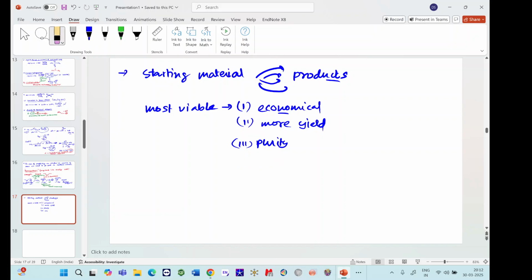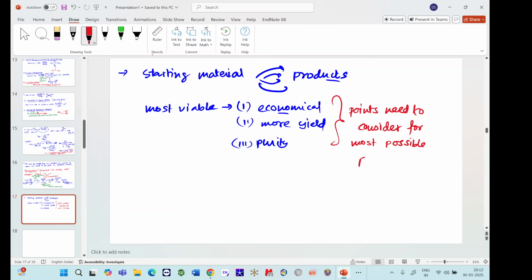These are the points you have to consider for the most viable pathway, right?